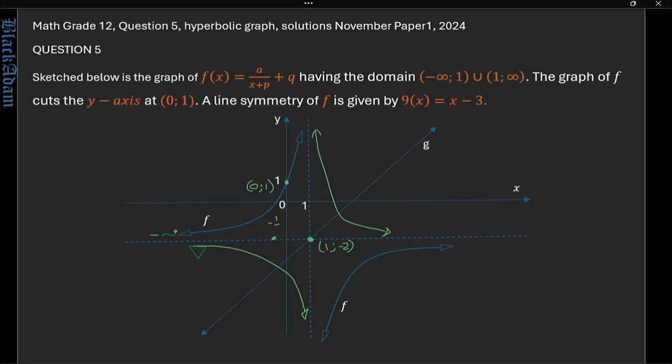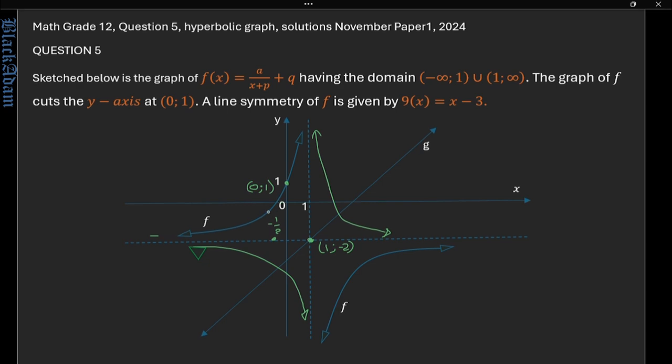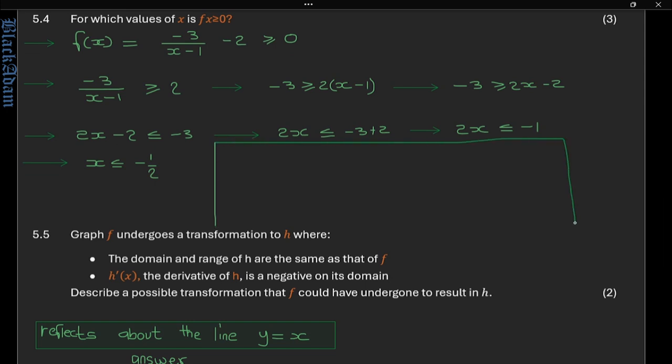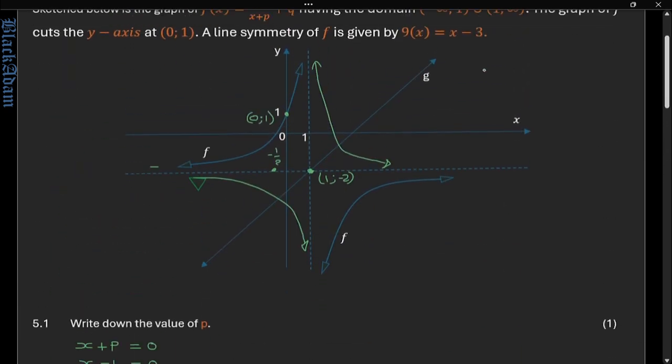That gives us a value on the other side, which is above the asymptote, so it is not actually correct. What I prefer is to use the graph information. So y is equal to negative 3 over x minus 1 minus 2.